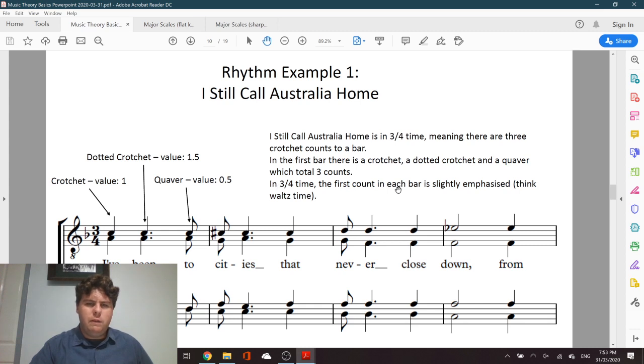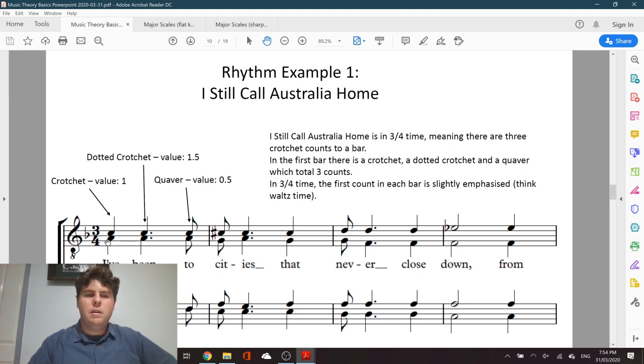In 3/4 time, the first count in each bar is slightly emphasized. Think waltz time. So if we sing it, and you can all sing along at home. Ba ba ba, I've been. We're going to emphasize the first note in each bar. So we go like this. 1, 2, 3. I've been to cities that never close down.